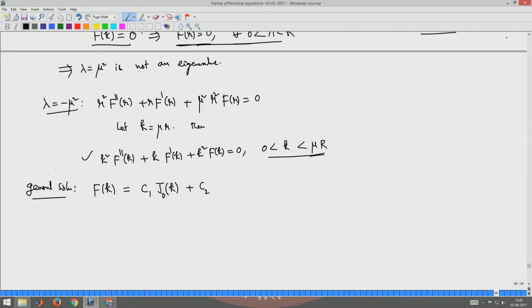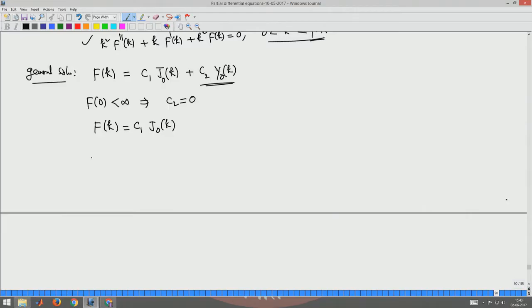Again you apply the boundary condition that f at 0 has to be bounded, which implies C2 is 0, because Y0 is unbounded at k equal to 0. So, C2 has to be 0. Now, your general solution becomes C1 J0 of k.